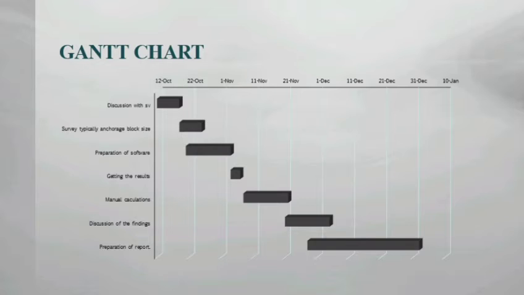The third process is preparation of the software, which is trial mode, fourth, getting the result, and fifth, manual calculation by using Excel with the formulas we got from Eurocode, discussing the findings, and lastly preparation of the report.